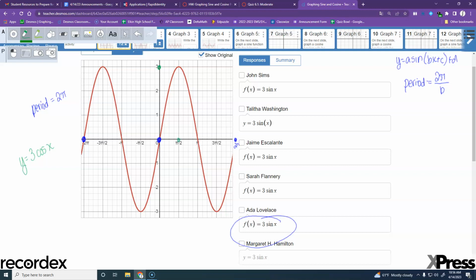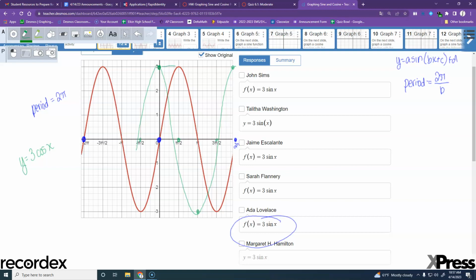So it would look originally like this if I had that cosine graph, right? Like I'd have this. That, of course, is not the red graph we're looking for. But we could turn this into that red graph just by shifting it.